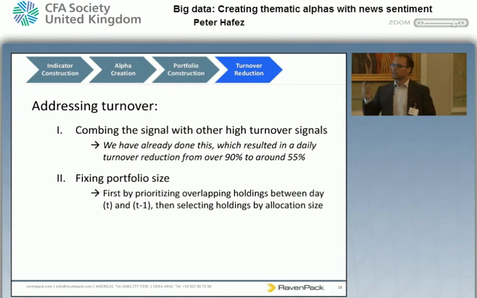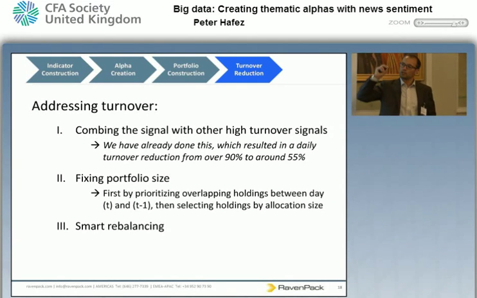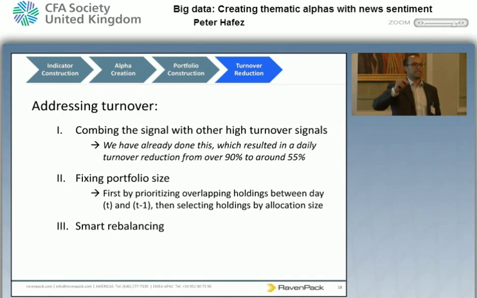We can fix portfolio size in two ways. We can either select the top X number of companies in terms of absolute weights, or we can select them in a more clever fashion: first select all the stocks that intersected with our portfolio from yesterday, and then top up with the most extreme weights after that point.